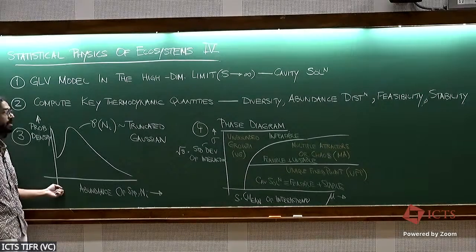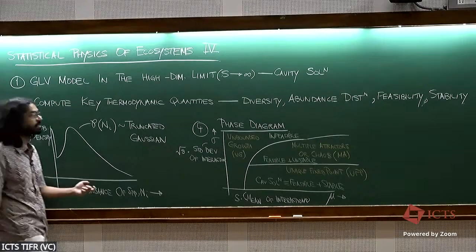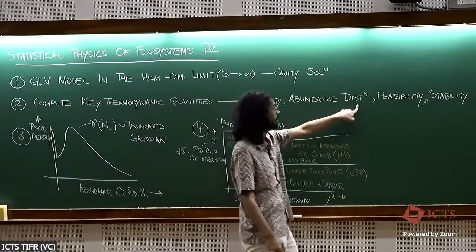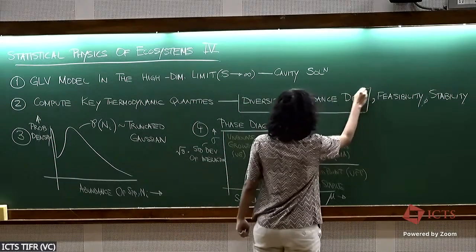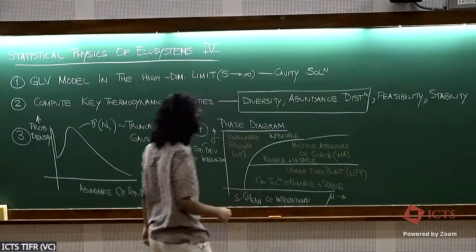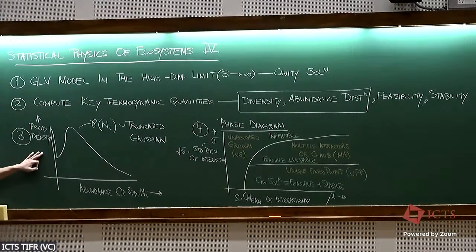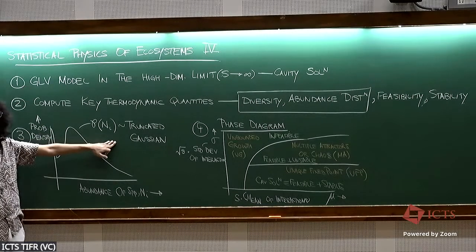The first is something that summarizes these first three things, which is how diverse the community is and what the abundance distribution is. What we will see is that the abundance distribution of a large number of species, when we put them in and run them according to the GLV model, is nothing but a truncated Gaussian.